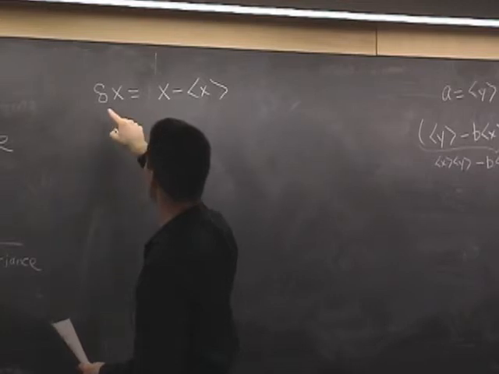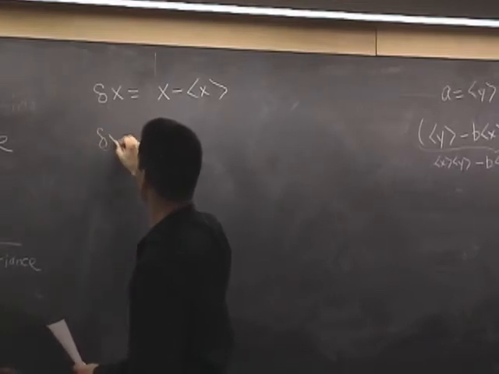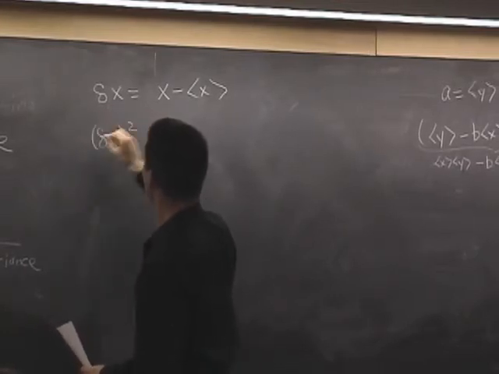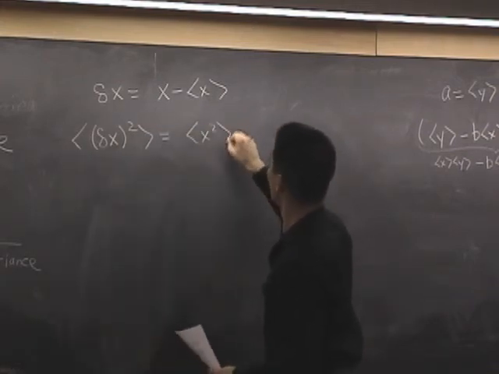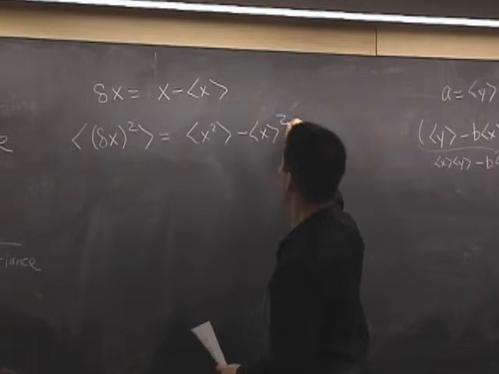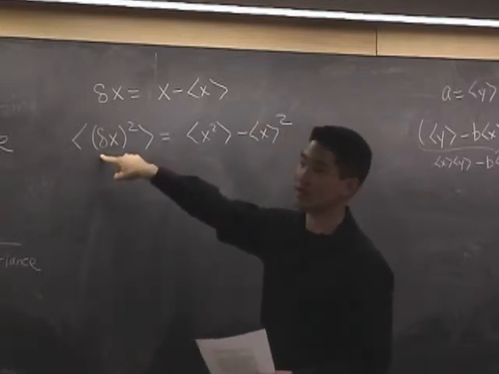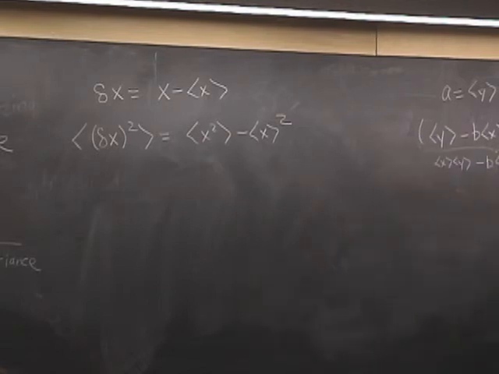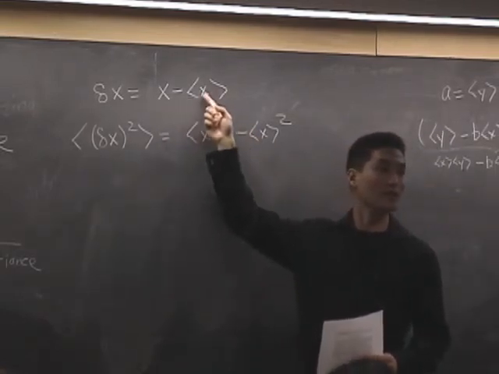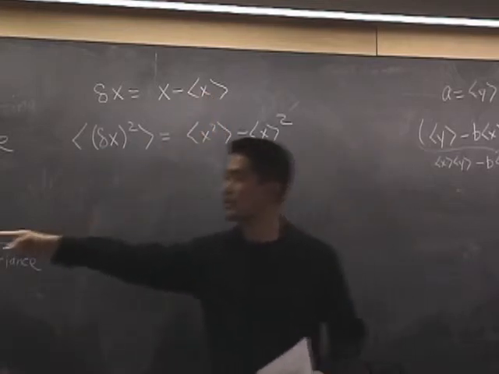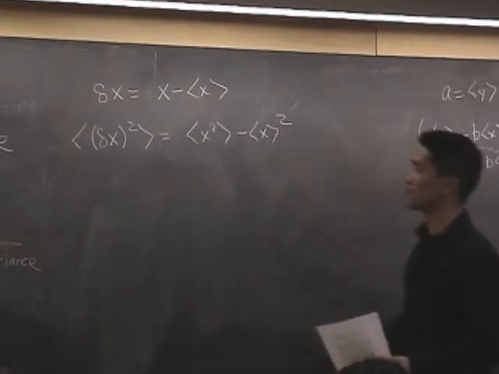In this case, you can show that the variance can also be expressed as the second moment of delta x. And that explicitly shows that it's only the fluctuations around the mean which actually contribute to the variance.